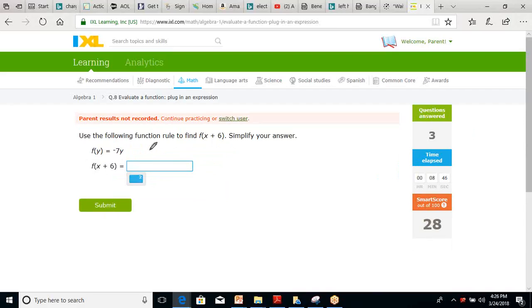So that's going to be minus 7 into, because y is x plus 6, x plus 6.